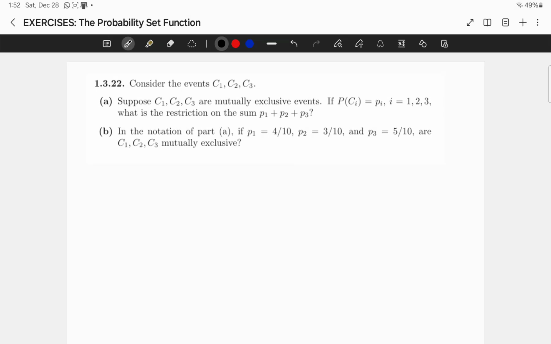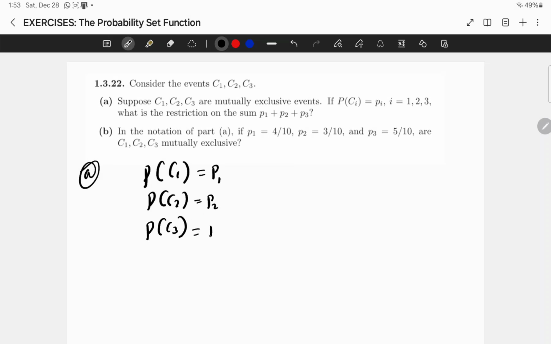So if the probability of Ci is equal to Pi for each i, we have to find the restrictions on the sum P1 plus P2 plus P3, and we have to solve parts A and B of it. So first, question A, we have P(C1) equals P1, P(C2) equals P2, and P(C3) equals P3.